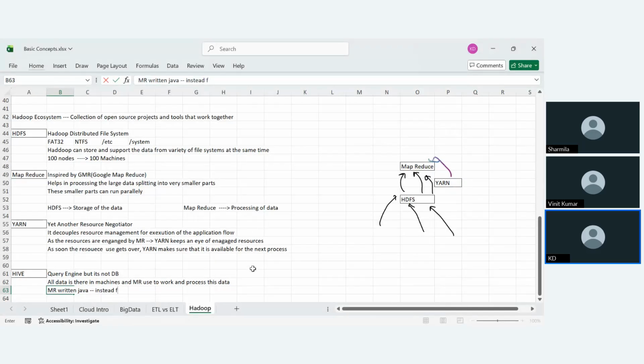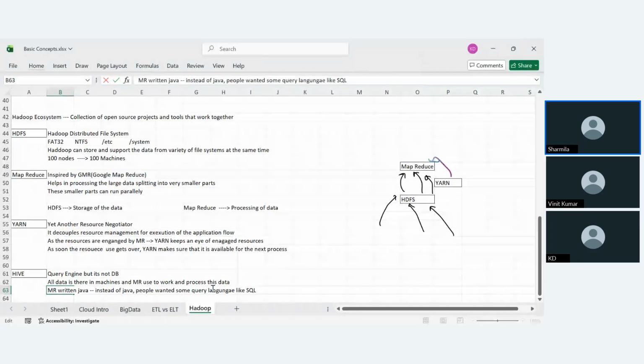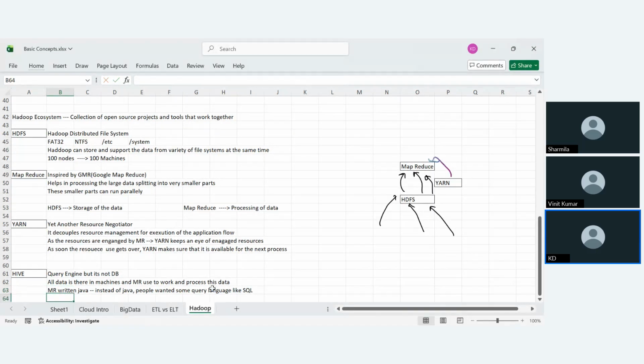Instead of Java, people wanted some query language like SQL, because Java has so many technicalities. It's a bit complex language, and many people wanted to get rid of it and wanted a query language.